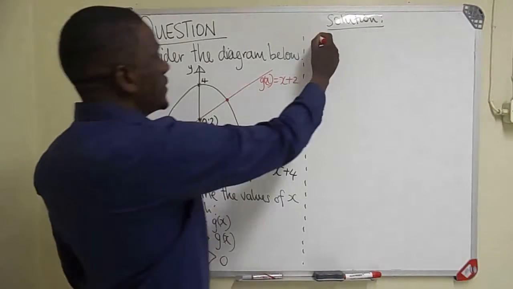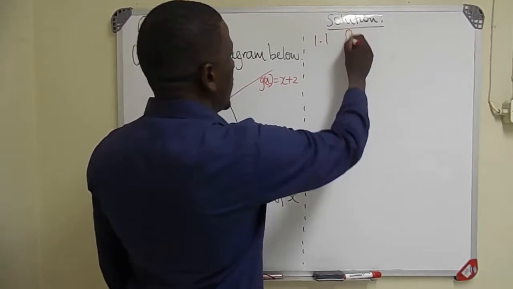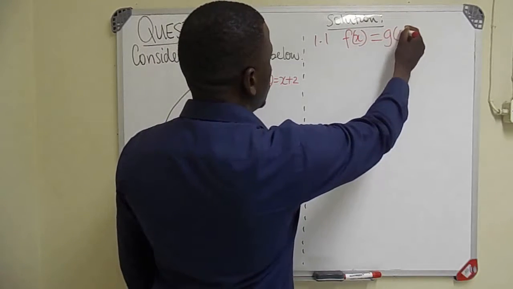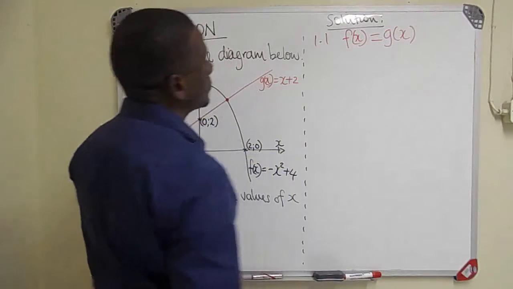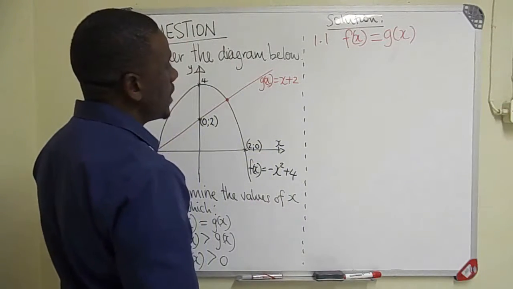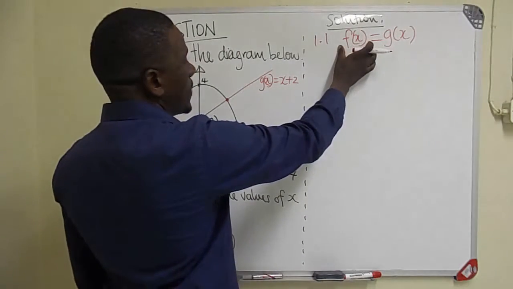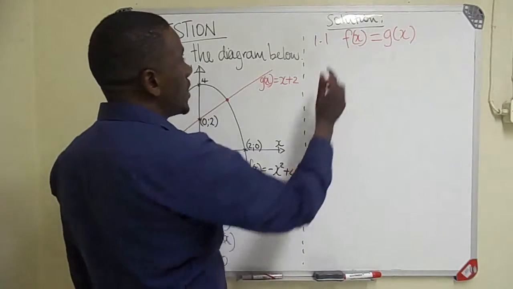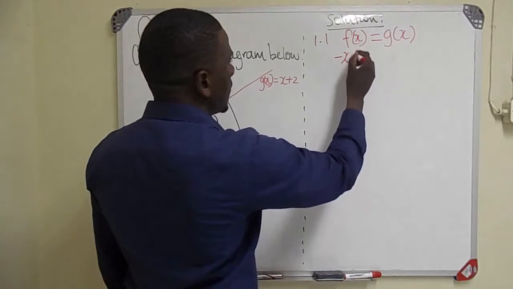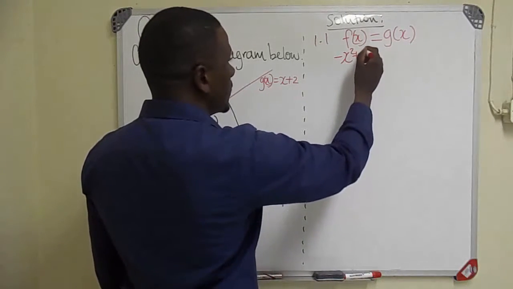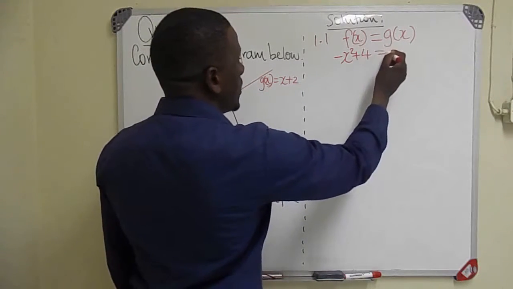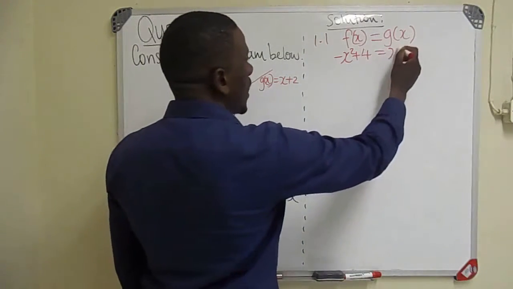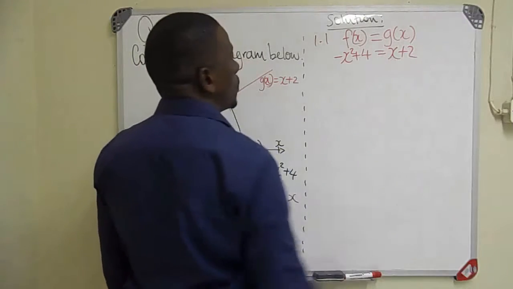So let us answer our 1.1. It's f of x is equal to g of x. So from there, we replace our f of x with the expression here, which is minus x squared plus 4, is equal to, our g of x is x plus 2.